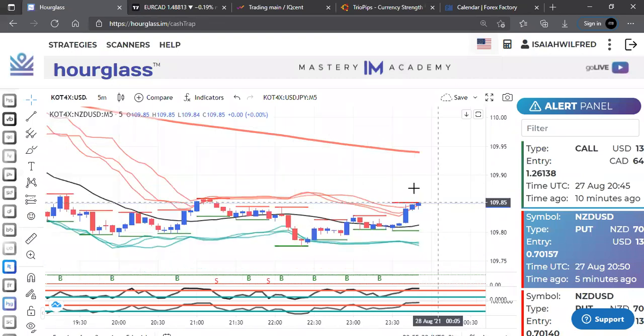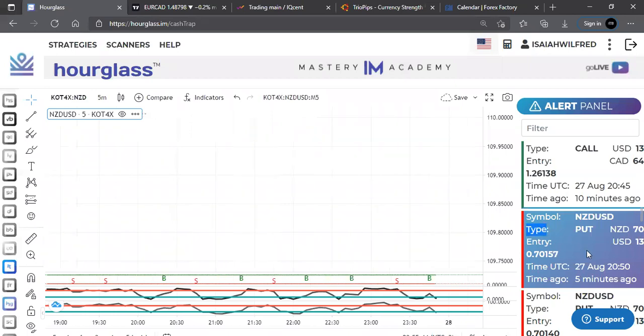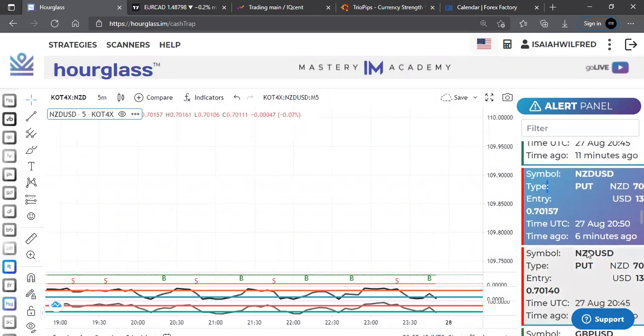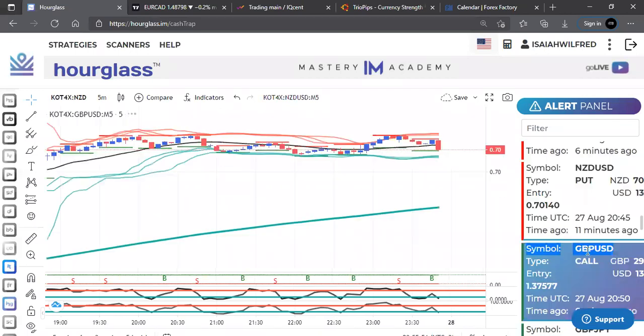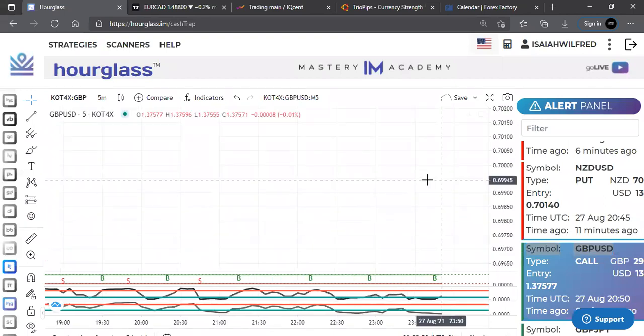All right, so I'll take a screenshot of this one as well. Let me see. GBP USD. All right, so I think GBP USD. Is this what I'm actually saying, or something else?